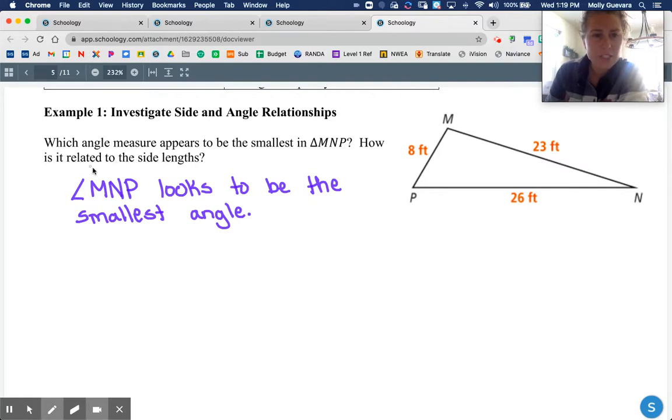Then it says, how is it related to the side lengths? So I'm looking at this angle right here. It is across from the smallest side. And that is always going to be the case.